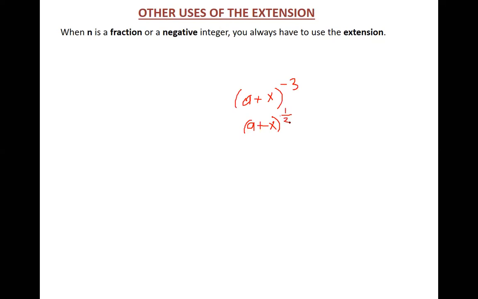It's a fraction. So when the value of n is a fraction, or the value of n is a negative integer, you are going to have the extension as the only way to expand that expression. So this is what this statement here is saying. When n is a fraction or a negative integer, you always have to use the extension.